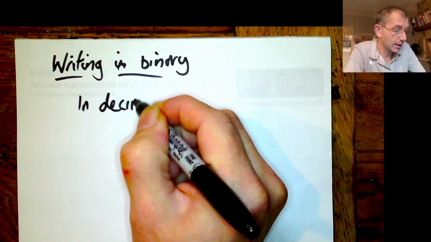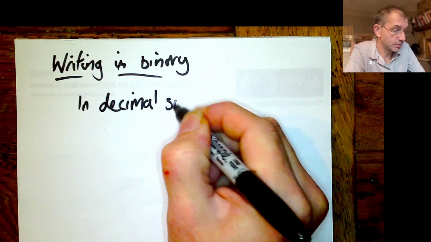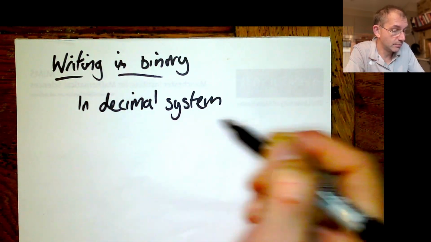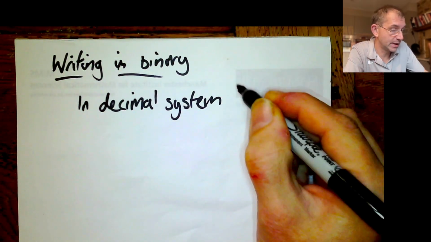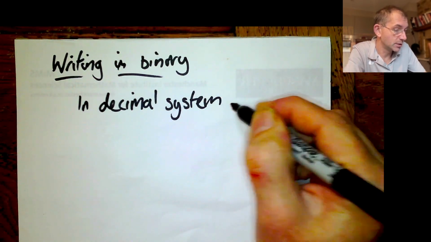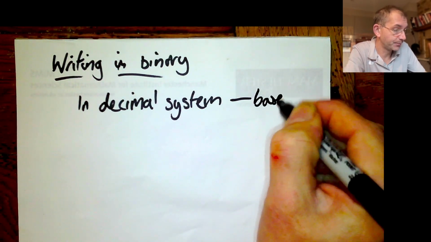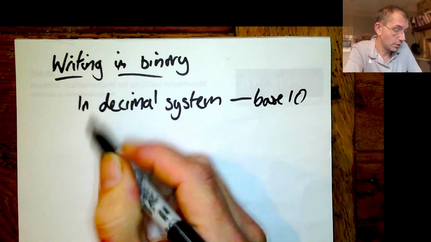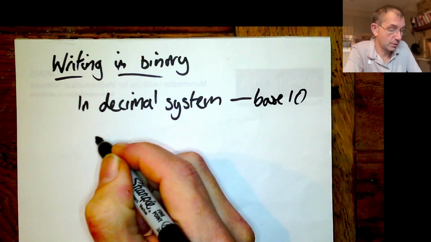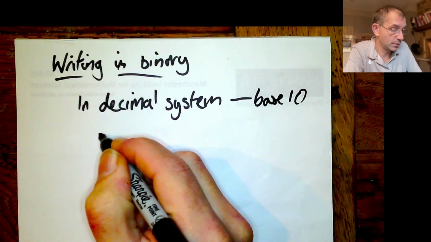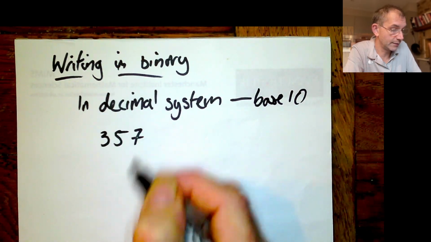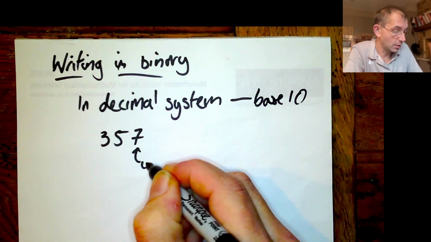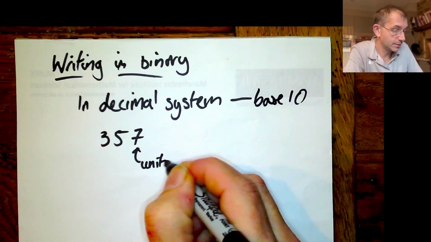things are like in the decimal system. So this is decimal, this "dec" part means 10. So this is base 10. And when you've got a number, say 357, then this, as you know, is the units.